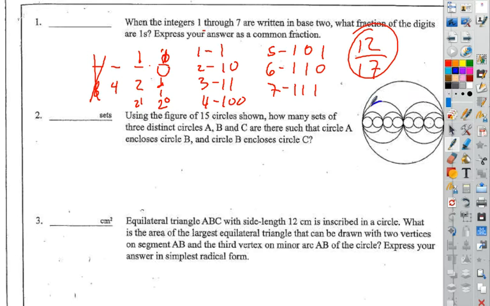I'm going to start with this circle, then look at smaller circles, and then the smallest circles. So I have 1, 2, 3, 4, 5, 6, 7, 8.